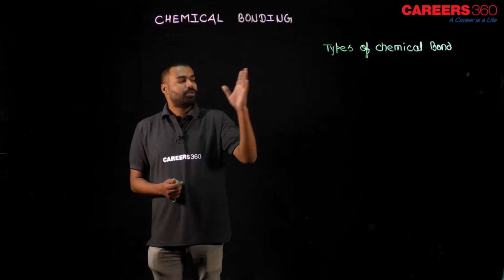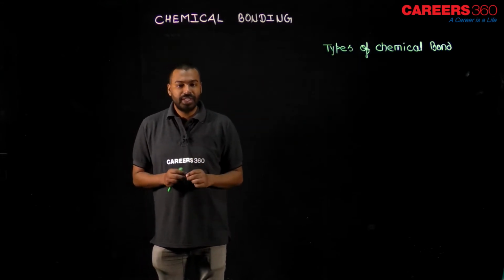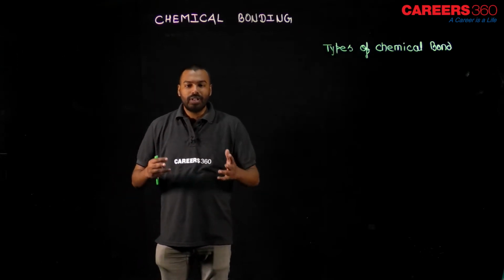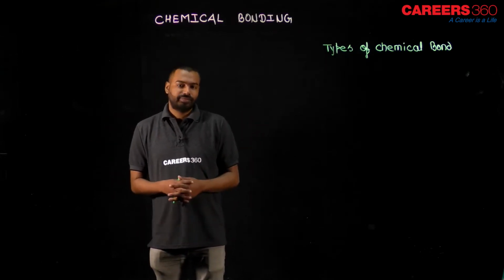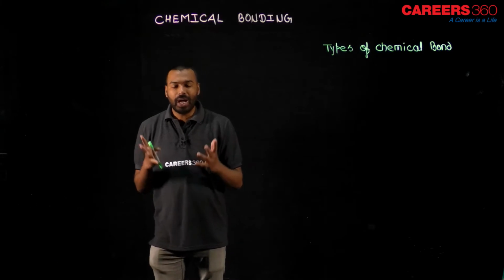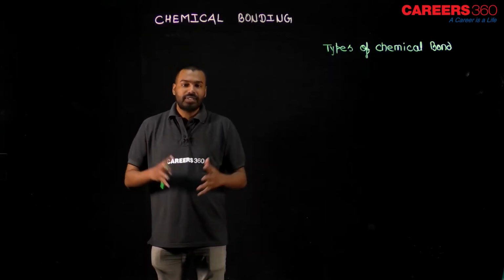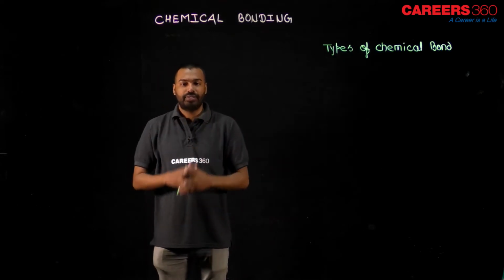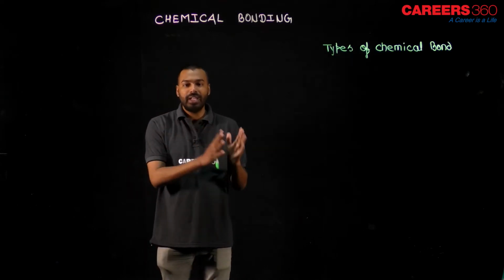So, the type of chemical bond we are studying right now is ionic bond. The name itself says it: a bond between ions. This type of bond forms between positive and negative ions, I mean cations and anions.